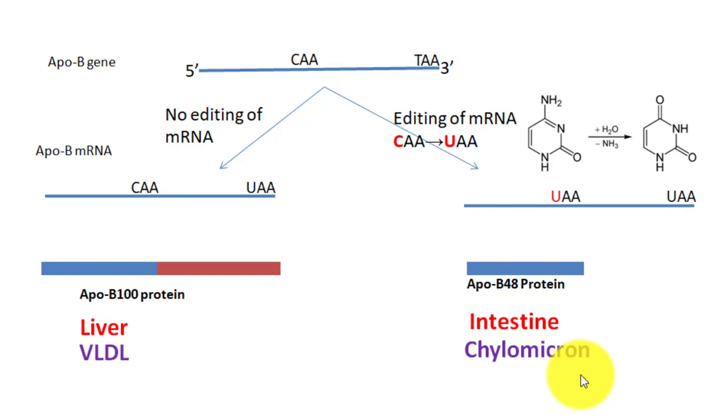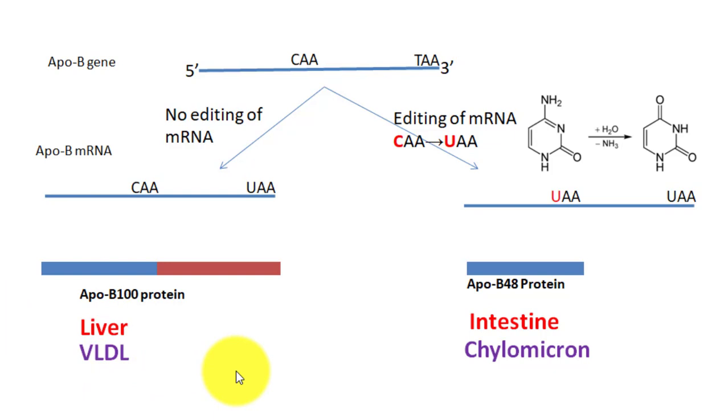One of the post transcriptional modifications is splicing, through which also many proteins are generated, but here we will talk about editing of mRNA. Because of editing of mRNA, the same gene produces ApoB48 protein in intestine, and in liver there is no editing of mRNA, and that produces the whole big chunk of protein, B100.